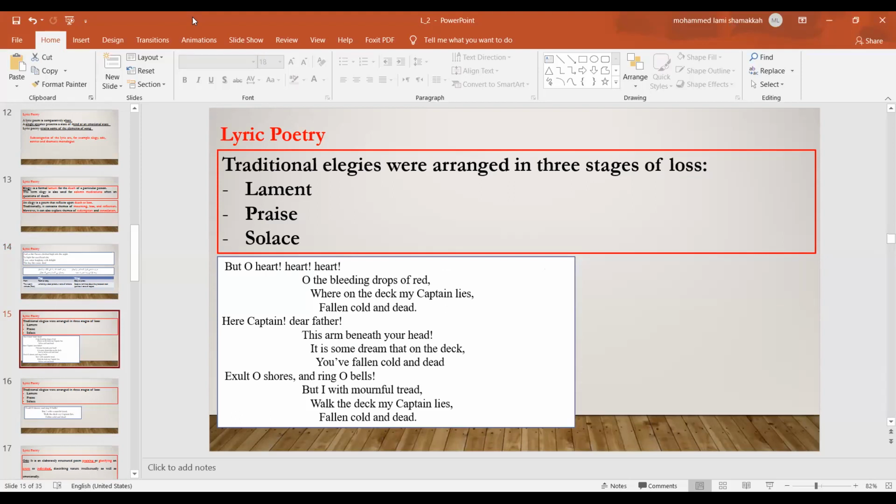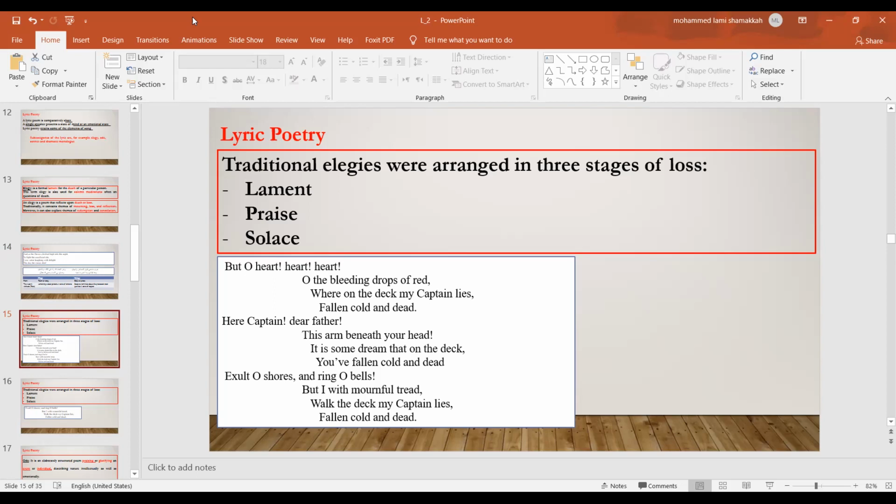But more recent and modern poems of lament are no longer following such a clear structure of an elegy.